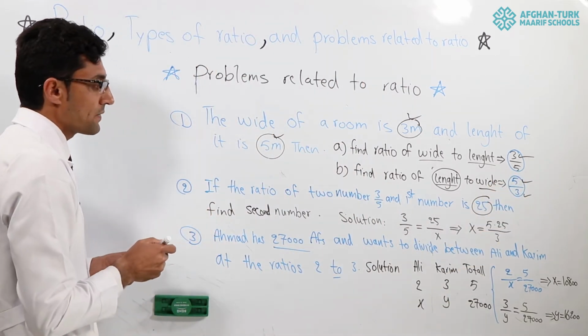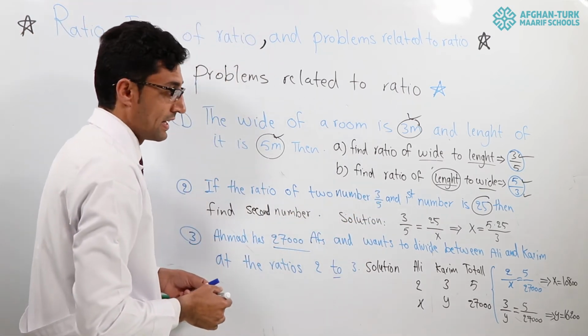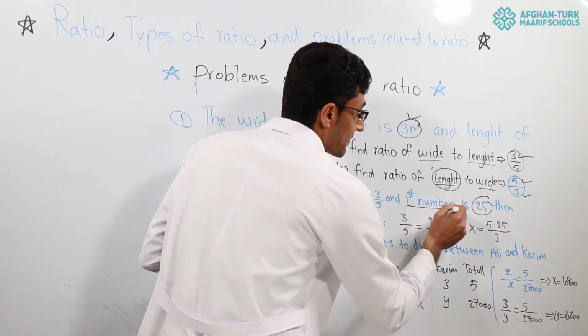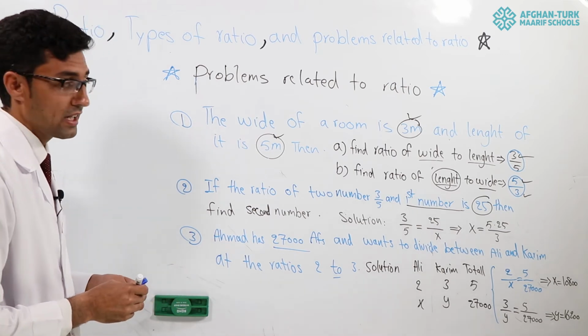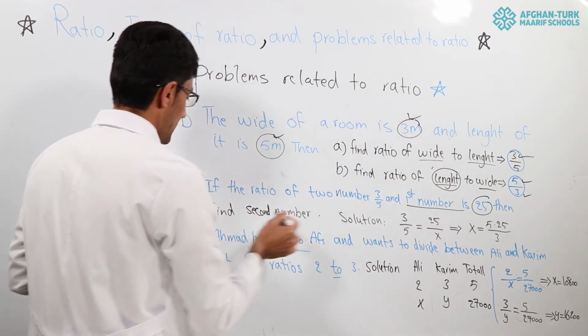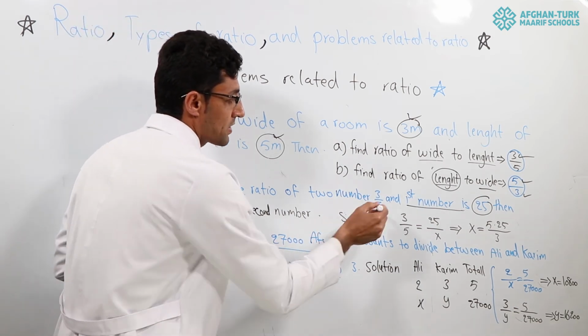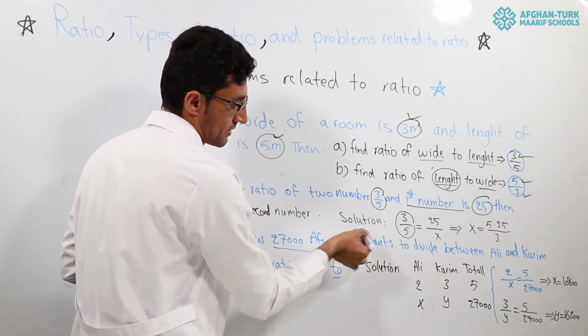Second problem. If the ratio of two numbers is 3/5, and look at this, first number is 25. Okay? Then find second number. Ratio is given for you. I write ratio in solution.